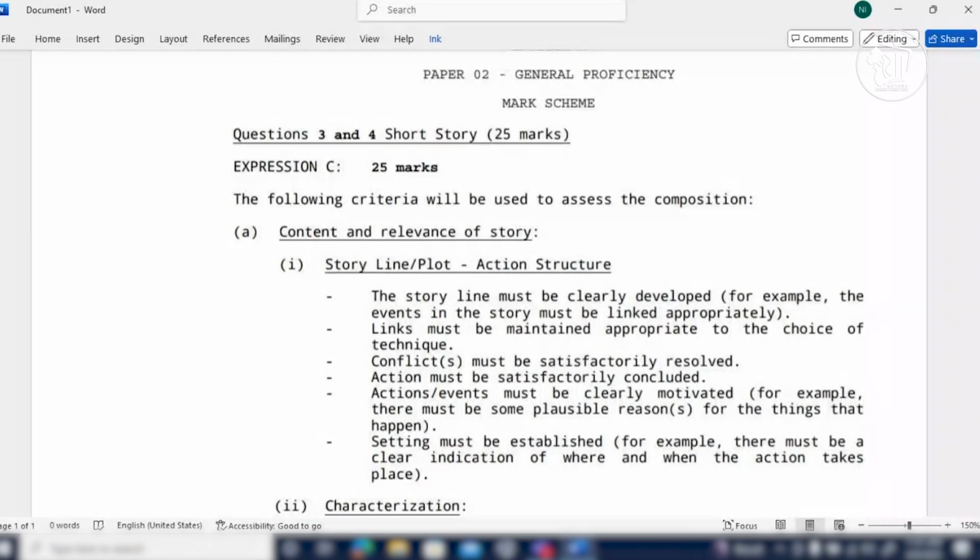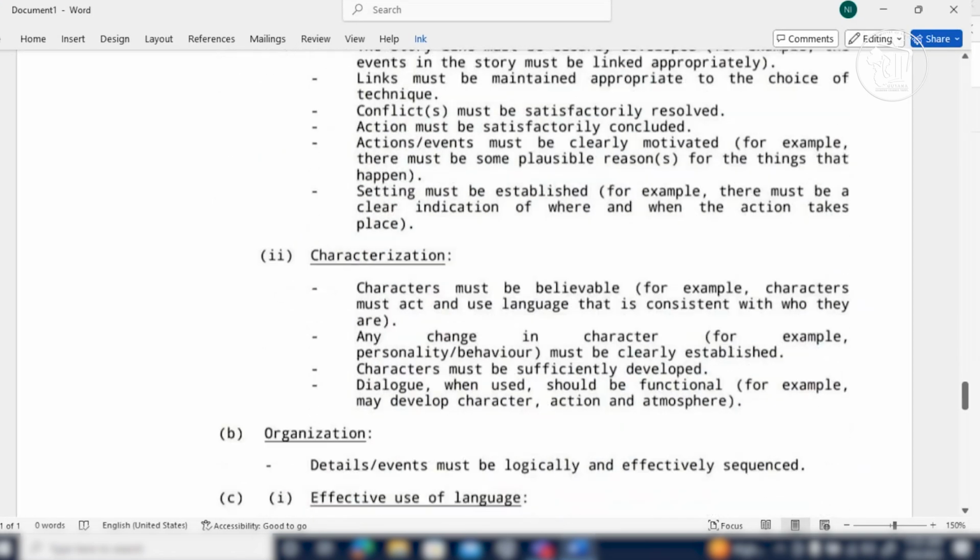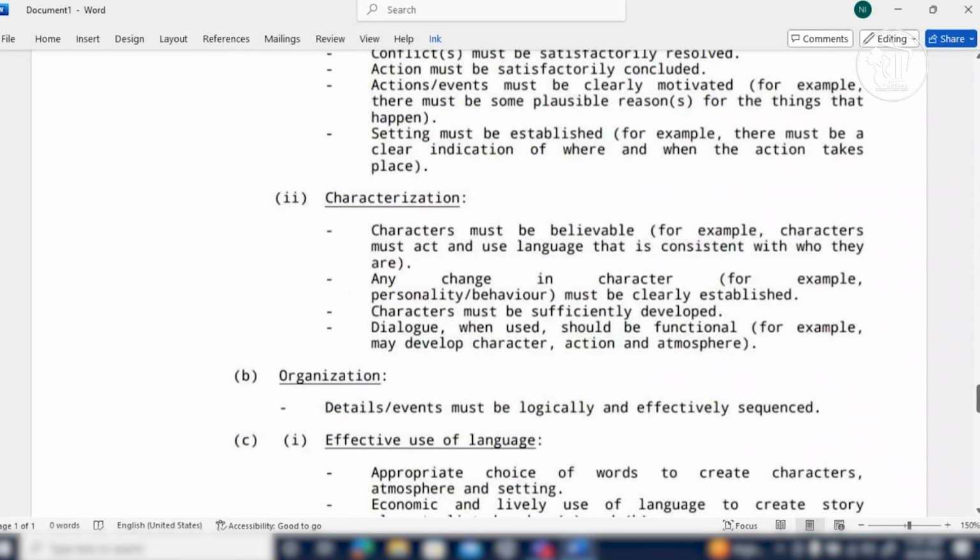So our storyline and our plot. Our plot is the storyline that is held together with all the elements. And then we have characterization. Now characterization is very, very important. Our characters must be believable, credible.